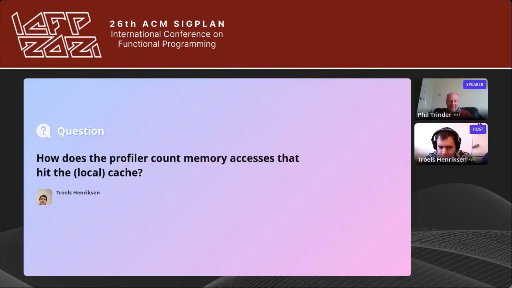Okay, then I have 2 small questions. So how does a profiler count memory accesses that hit the local cache? I don't know the answer to that.